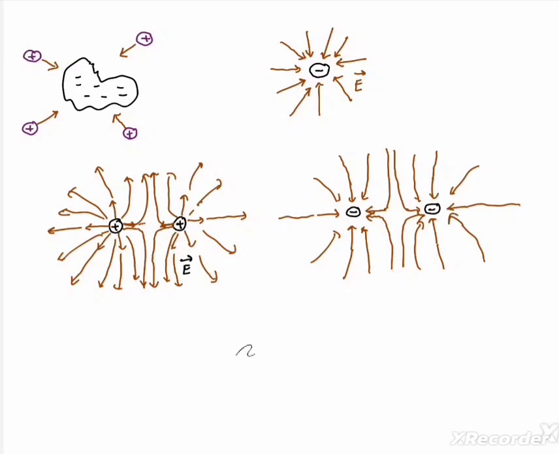Now what we have is a positive and a negative charge. Now from a positive charge it goes out, and in a negative charge it goes in. So whatever electric field line goes out here can actually go into the negative charge. So it goes out, but they attract because it's positive and negative. So they go like that.